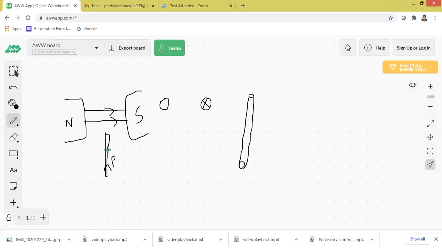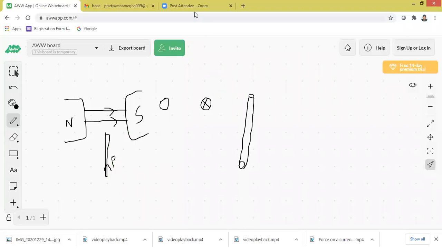That is, this conductor starts to rotate. So what is the statement? Whenever a current carrying conductor is placed in the presence of a magnetic field, that conductor experiences a force. How it is possible, we'll see with the practical experiment videos, and the derivation also.